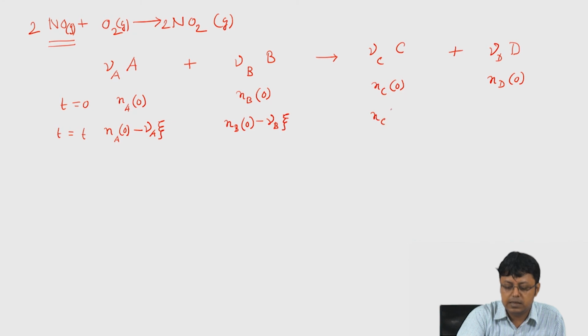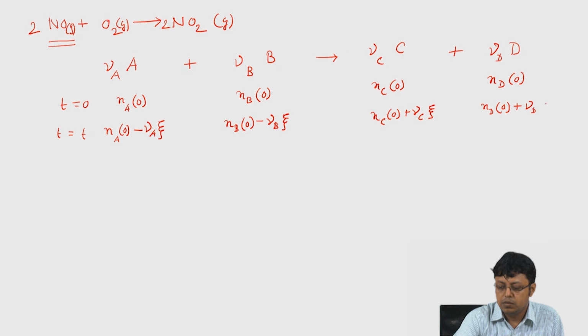Similarly, for N C and N D, we can write these equations, but there will be a plus sign because C and D are products. And then we ask the question, what is the rate of change of this concentration? To ask that, we can take the derivative of each of these values with respect to time.